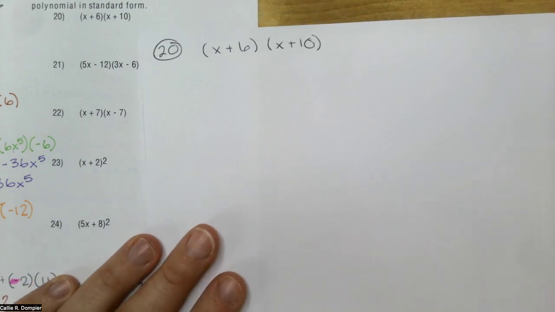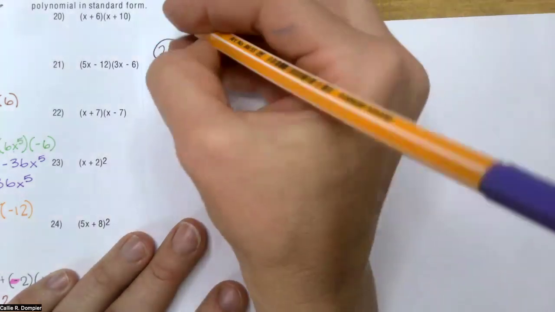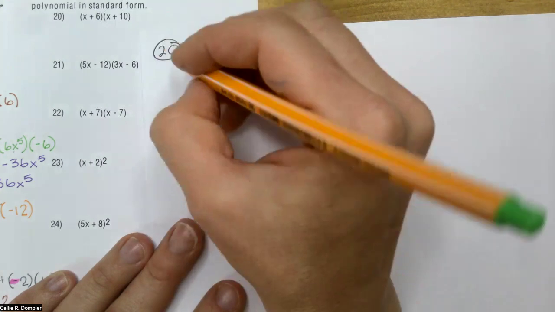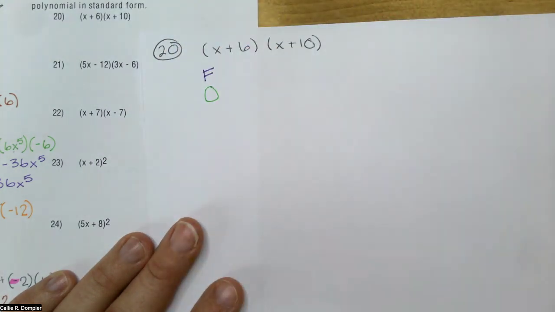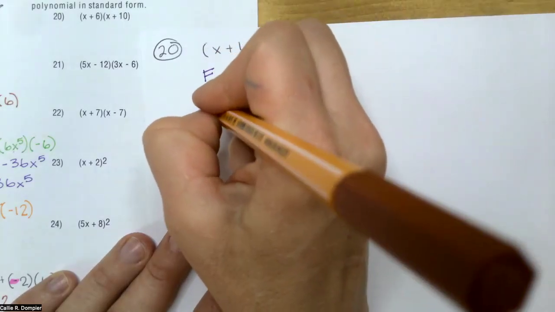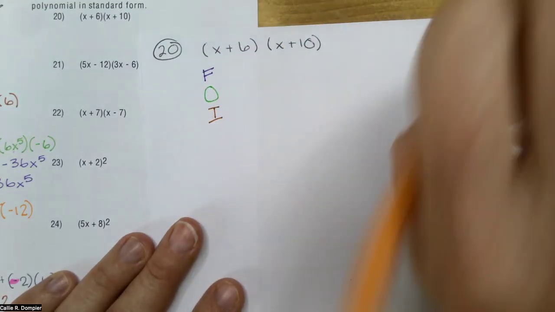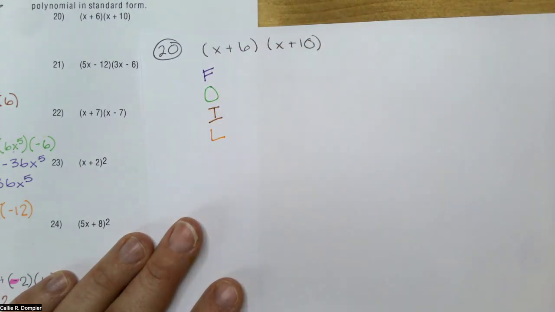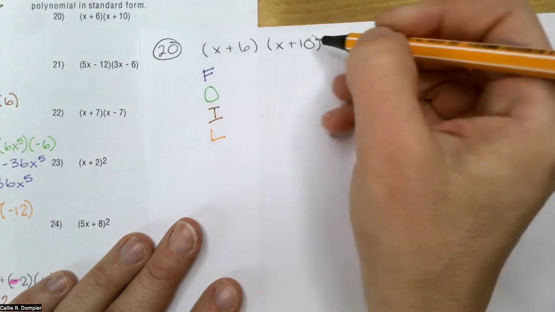The FOIL method is first, outside, inside, last. Good. So by first, you have four terms, right?